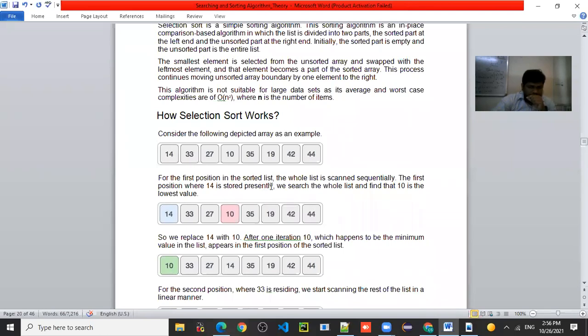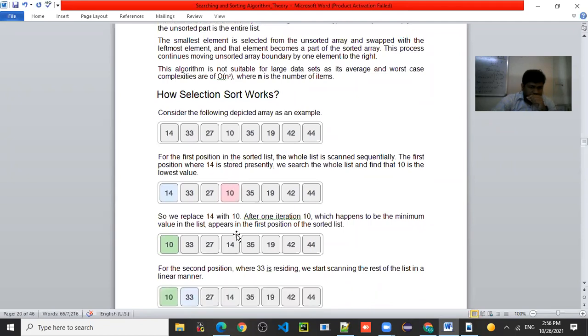Now we will search the whole list and find the lowest value element. Here we have identified the lowest value, that is 10. After identifying 10, we will replace it with the first position directly. So we replace the 14 with 10.